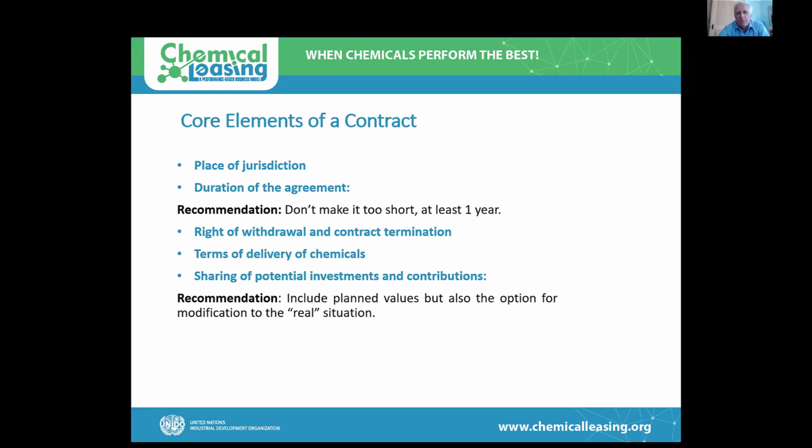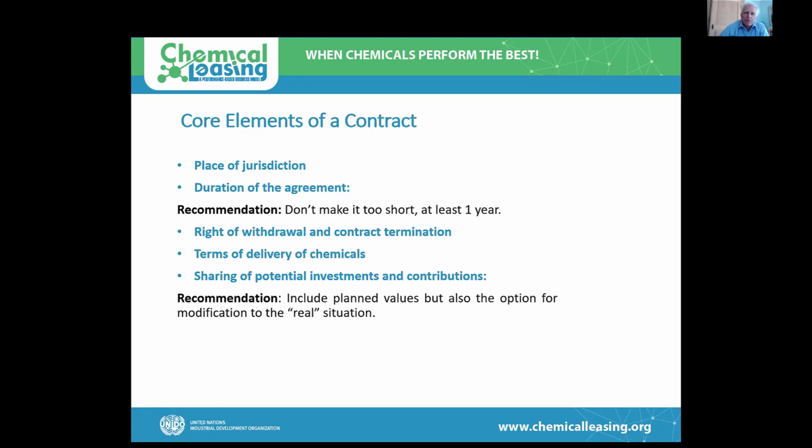So our recommendation is, as a general idea, don't make contracts with a very short period. We would say at least 1 year from the start, in order to have a fair chance to develop the processes, to optimize the processes, to get everybody used to the new way of dealing with things. If times are too short in the contract and if everything is done in a rush, it will not work well.